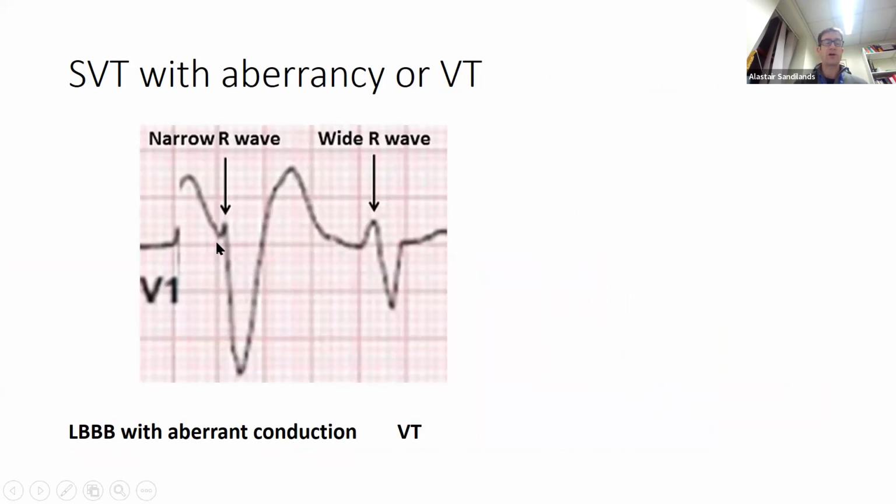When it's aberrant conduction, the R wave is normally very narrow, but when it's VT with a left bundle branch block pattern, because it's coming from the right ventricle, the R wave is wide. We've got this nadir from there to there is over 100 milliseconds, and therefore this beat would be a VT beat. I'll put 2 beats together to show the difference between left bundle branch block with aberrant conduction and VT.